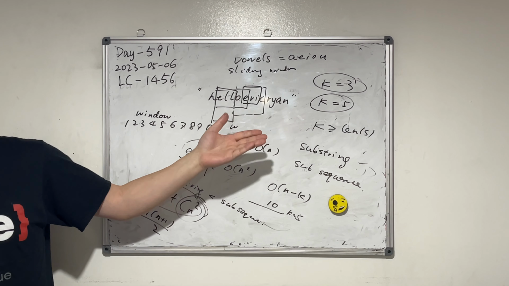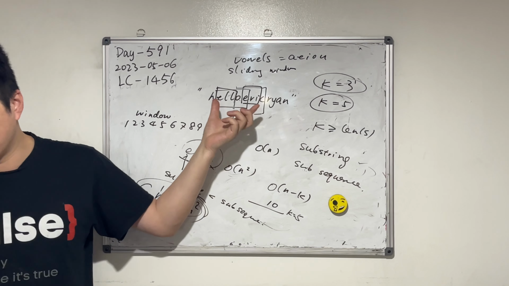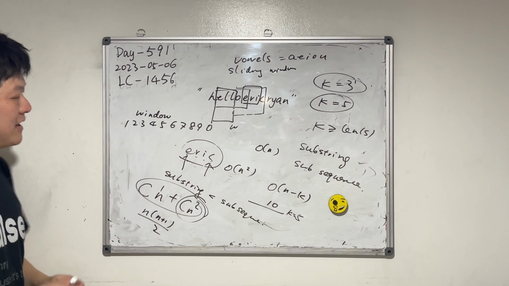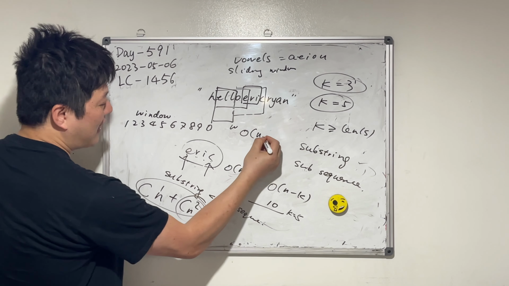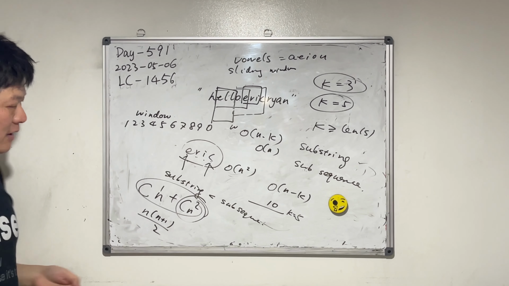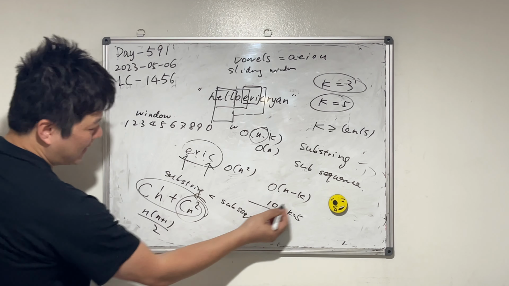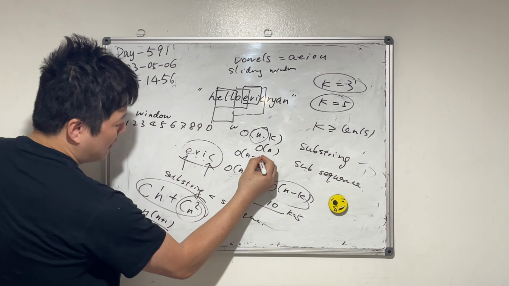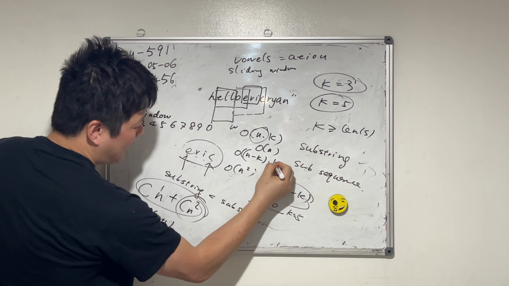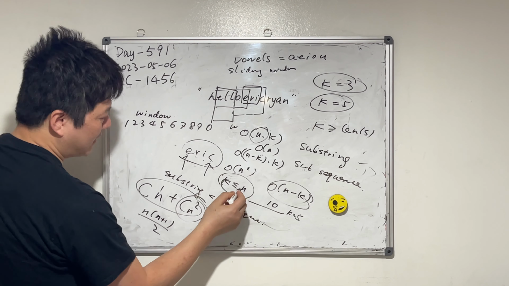We check how many vowels are in each substring, right? And then this is going to take n times k. Actually, it's not entirely n. It's n minus k times k, where k is smaller than or equal to n.